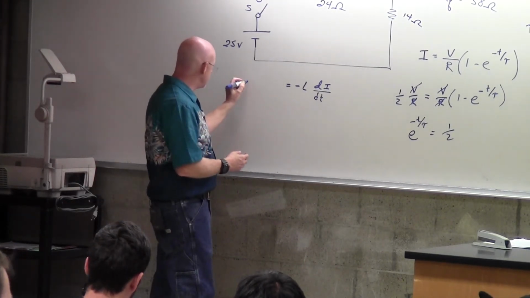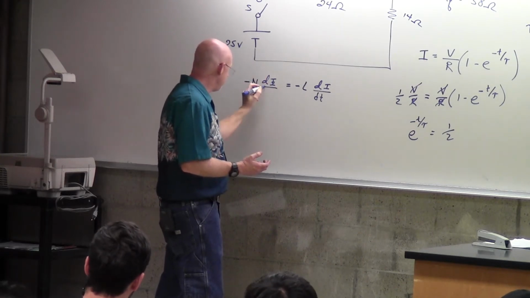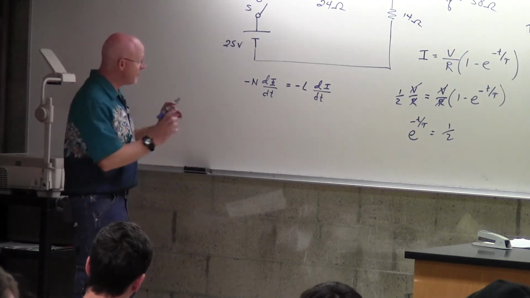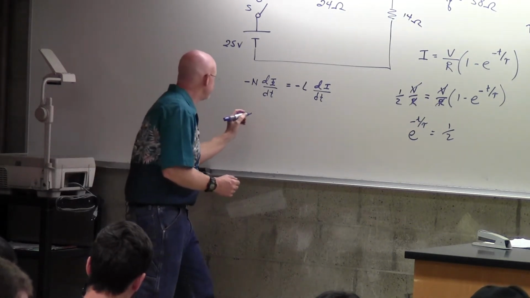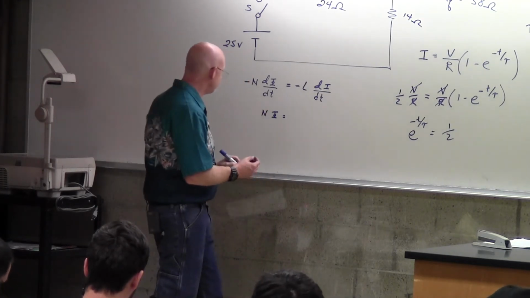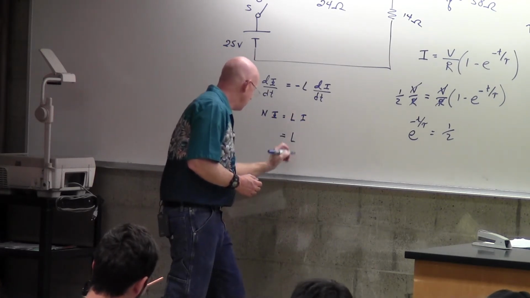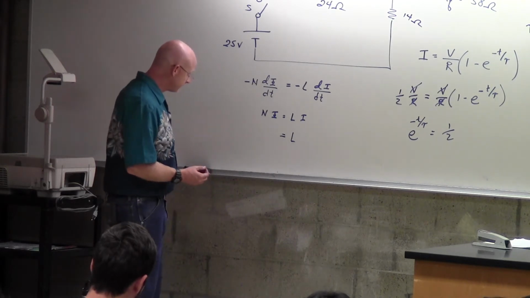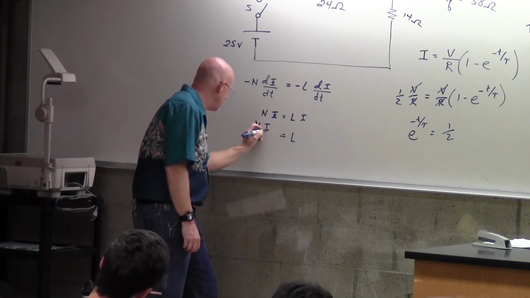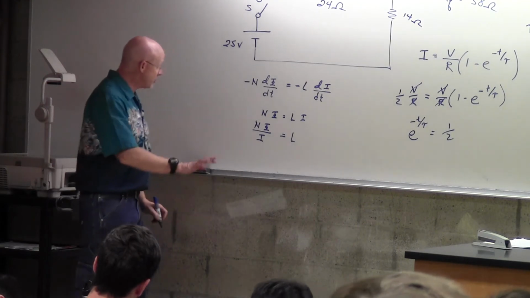But when we apply it to Faraday's law, I think what you're saying is, if you integrate both sides, you get number of turns times flux is equal to inductance times current. And so the inductance would be number of turns times the flux divided by the current. Oh, that's what you were saying. Yeah. Okay, I don't disagree with that.